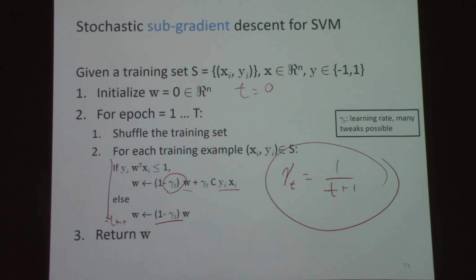Yes. So do we have to shrink the W every time? That's right. You have to shrink the W every time, and in fact, there's a nice little programming optimization where, irrespective of whether Y W transpose X is less than 1 or not, you shrink the W, and then if it's less than 1, you add something to it. Yes. There's another formula on the slides as well.